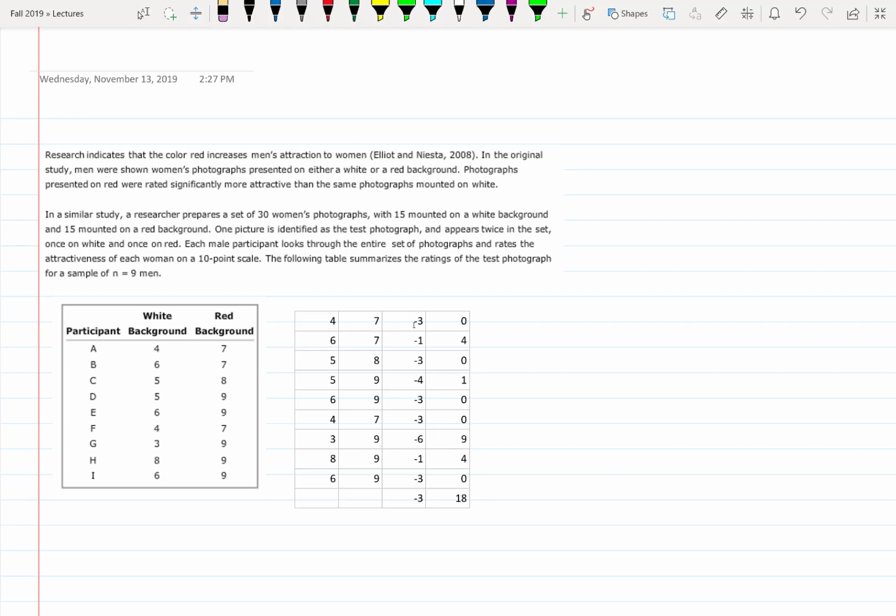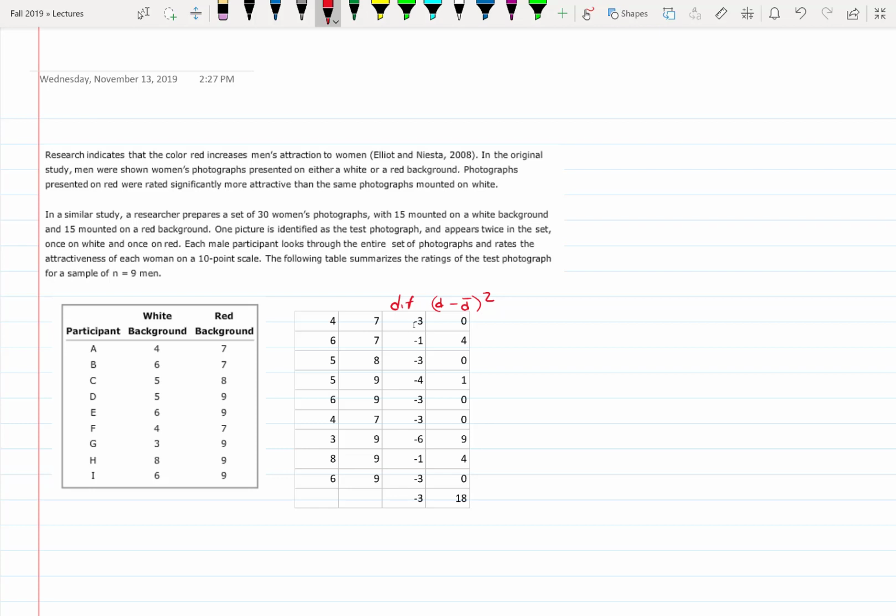These here are the difference scores, and these here are each difference score minus the average difference score, squared. Over here is the average difference score, and of course, the sign really doesn't make any difference here. The mean is -3, but it doesn't make any difference.